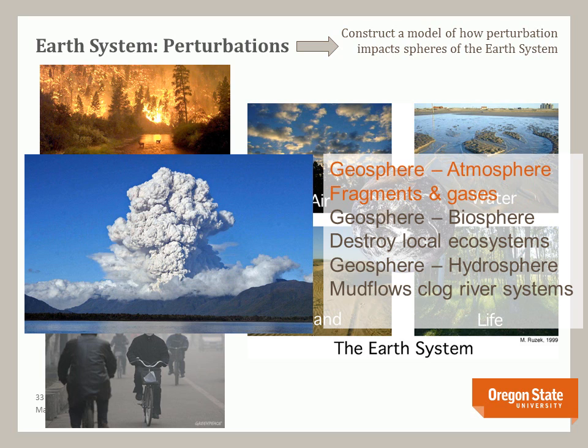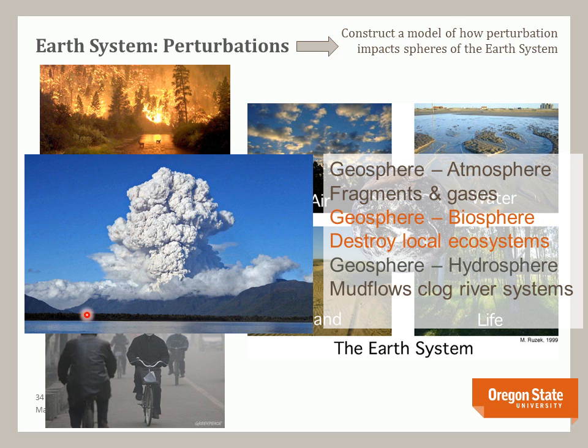The fragments or the gases can change the local composition of the atmosphere, and the fragments, which may have a long lifetime in the atmosphere, may affect incoming solar radiation. They may influence the amount coming to the surface and therefore create a cooling. So that is the impact between the geosphere and the atmosphere.